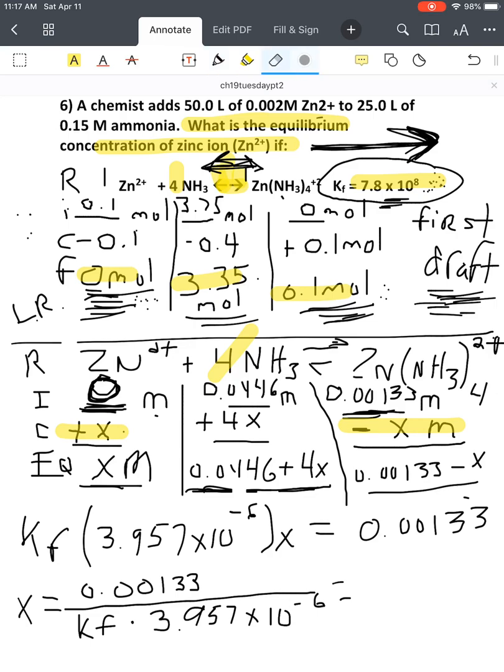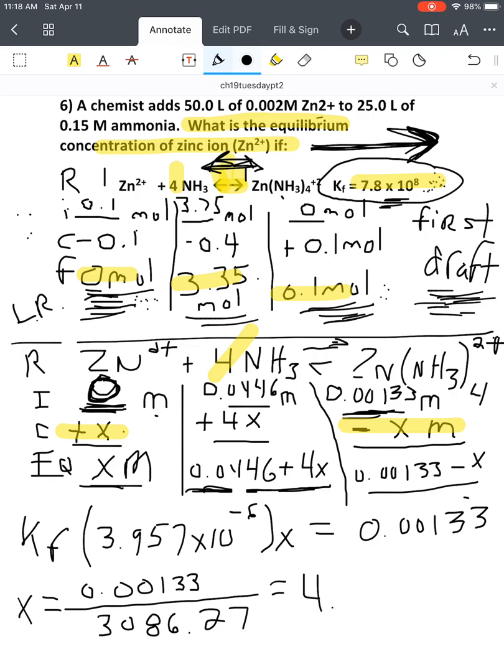So when you do that math, in the denominator, I can do that product, multiply it out, and get 3086.27. And then all I need to do is 0.00133 divided by 3086.27. And when I do that, I'm going to have to create some more space here, so I'm going to use my space wisely.